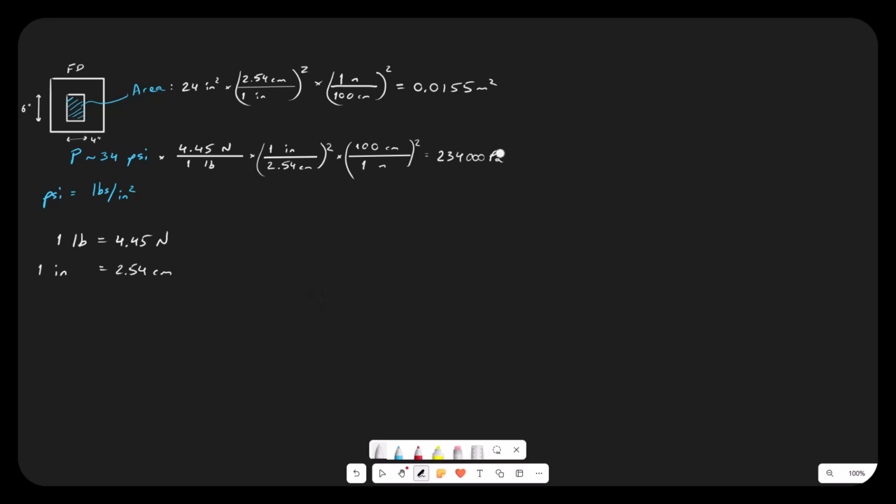If this is pascals and pascals are newtons per square meter, and I have this many square meters, I can multiply these together, right? If pressure is force over area, then force is pressure times area.